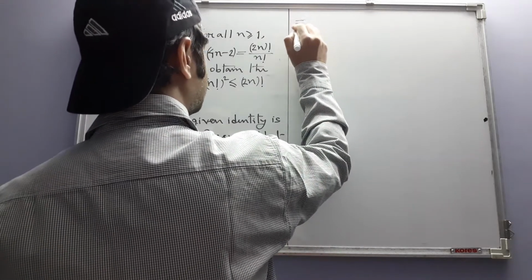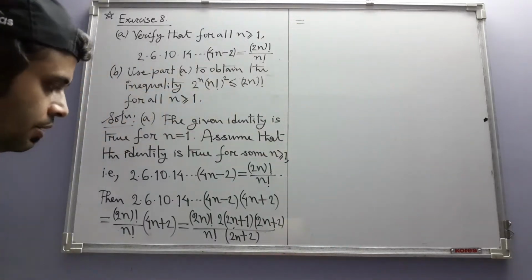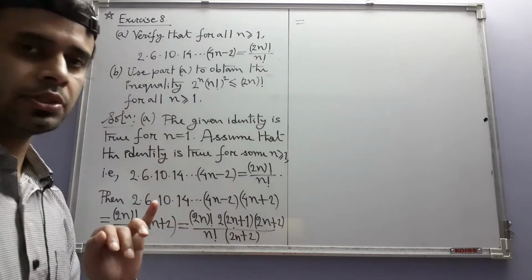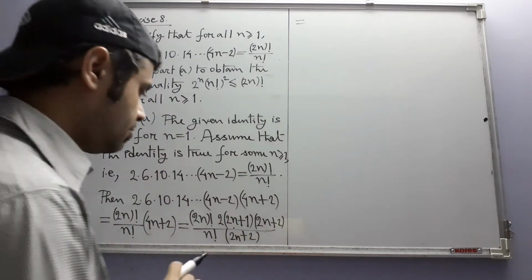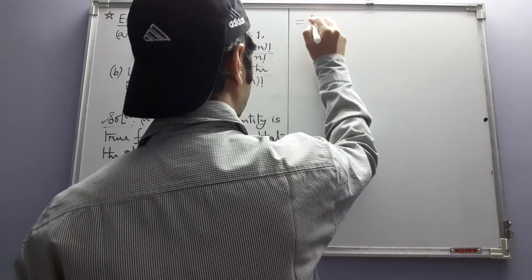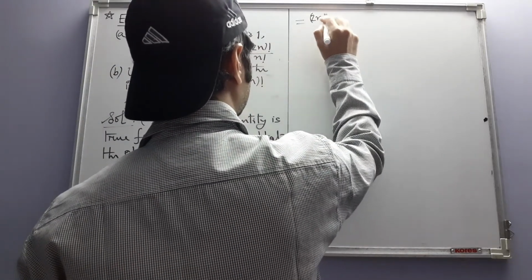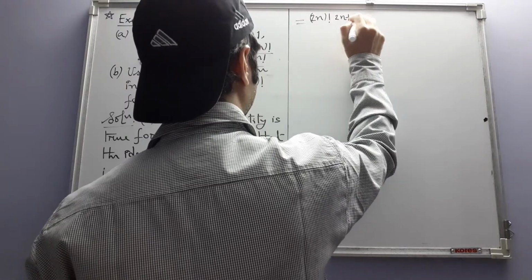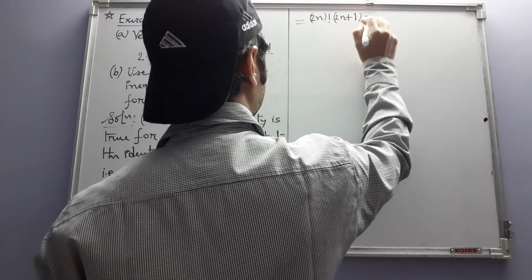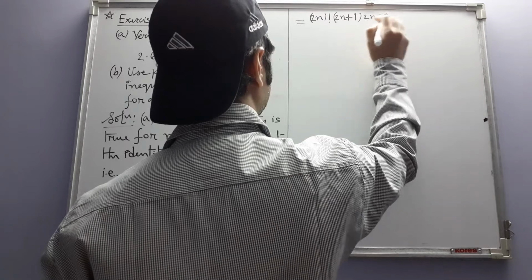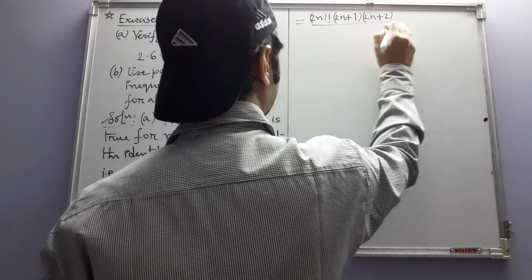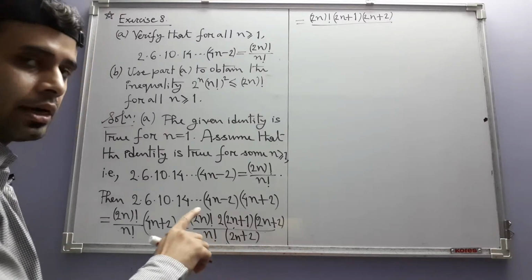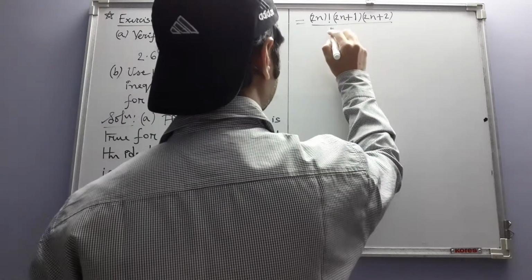Now you see we can cancel this 2 and these 2's out. Doing so, we are left with 2n factorial times 2n plus 1 times 2n plus 2. In the denominator, we are left with n factorial times n plus 1.